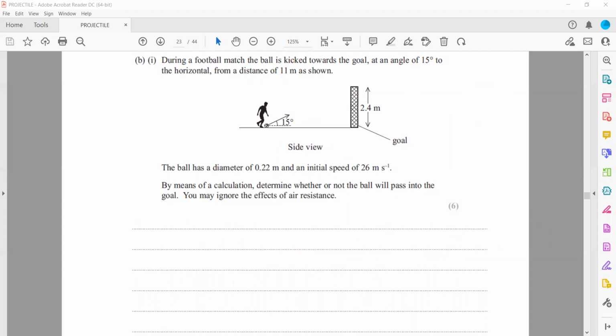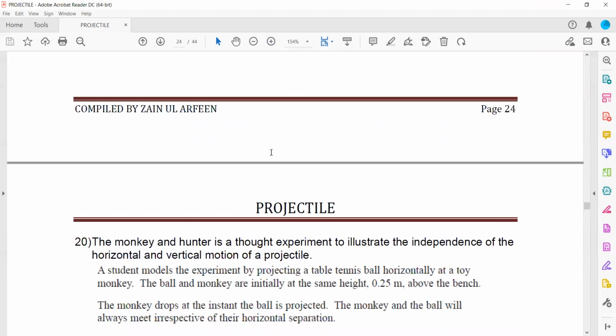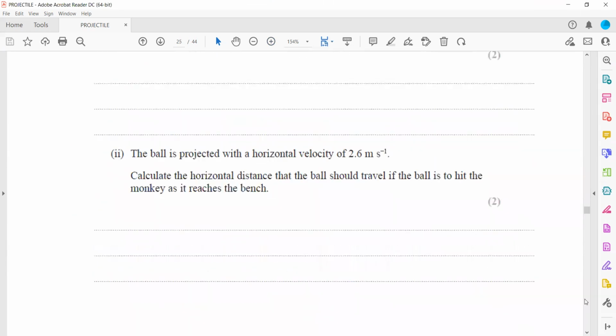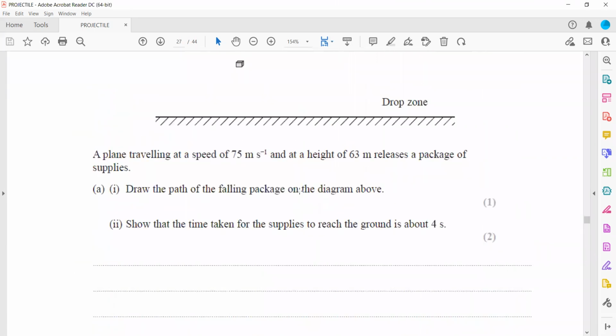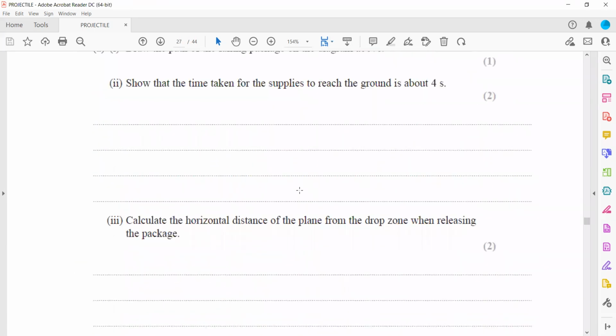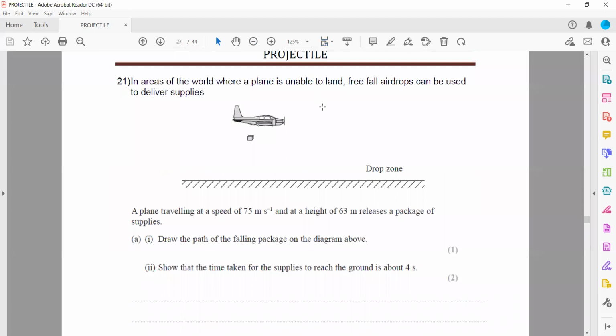Then the next question is 21A. 21A3 was there, but I will just discuss all of them.